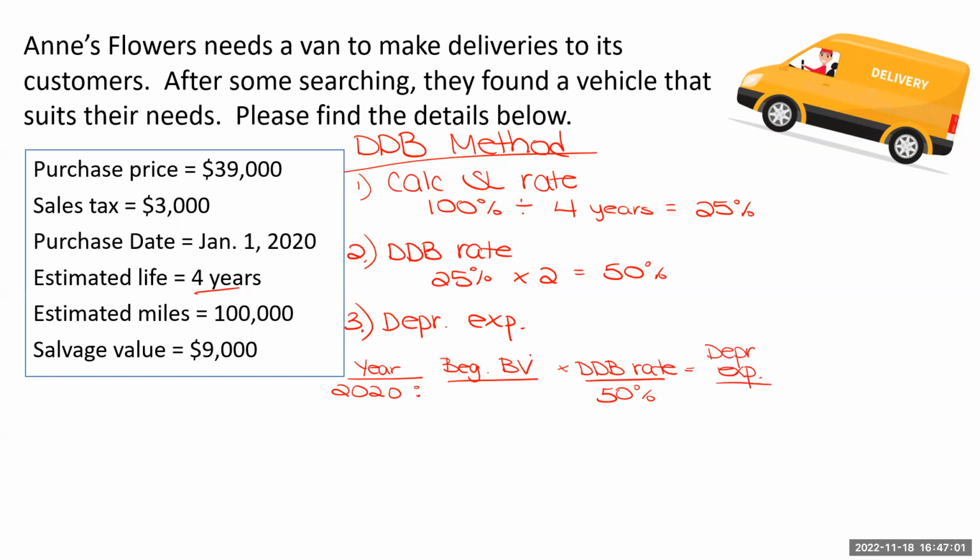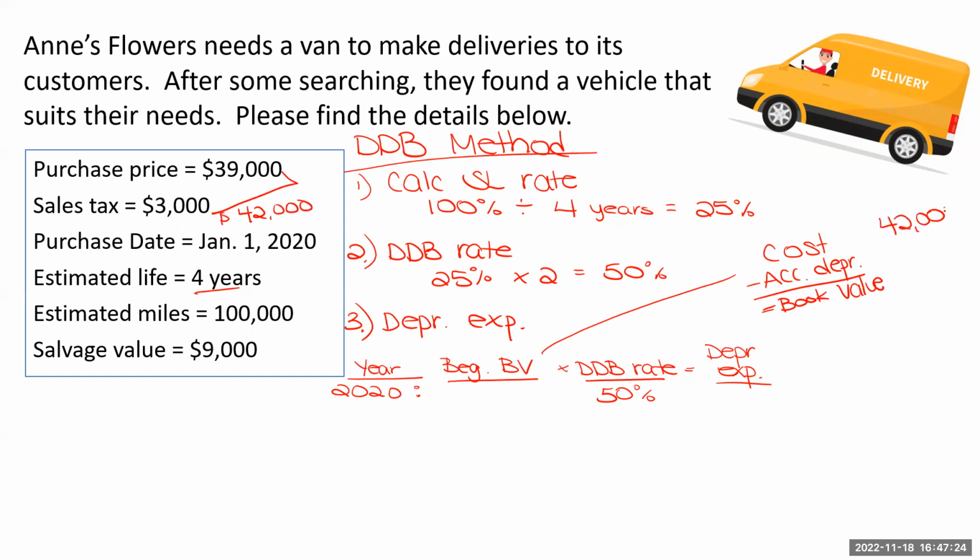All right, beginning book value. You may not remember what beginning book value is. We were introduced to this in chapter 4. It's cost minus accumulated depreciation. That equals book value. Okay, remember the cost, 42,000.